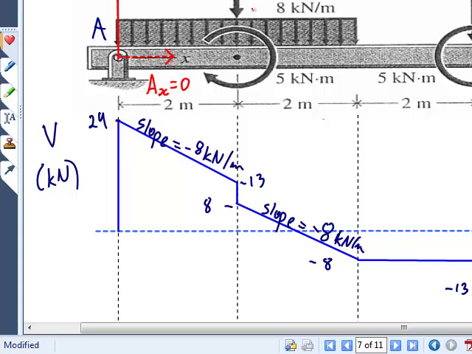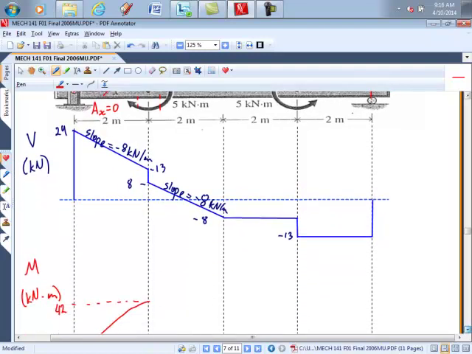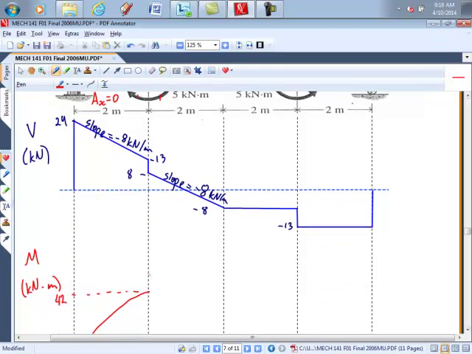If we take a cut here and a cut here, and we figure out our bending moment at both of them, the bending moment's actually going to be increased on this side by this negative moment. So it's going to go up by 5. So we have a jump up by 5. So it goes from 42 to 47.